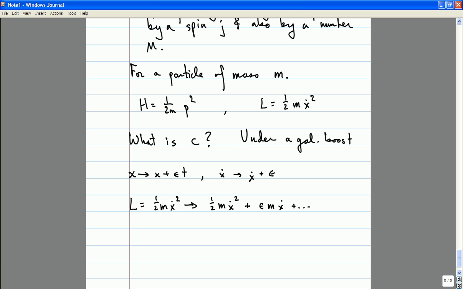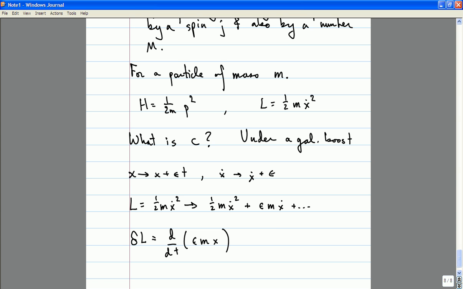so that the variation of the Lagrangian under a Galilean boost is the time derivative of epsilon m x. So I remind you that when you shift your Lagrangian by a total time derivative, the equations of motion are unchanged.